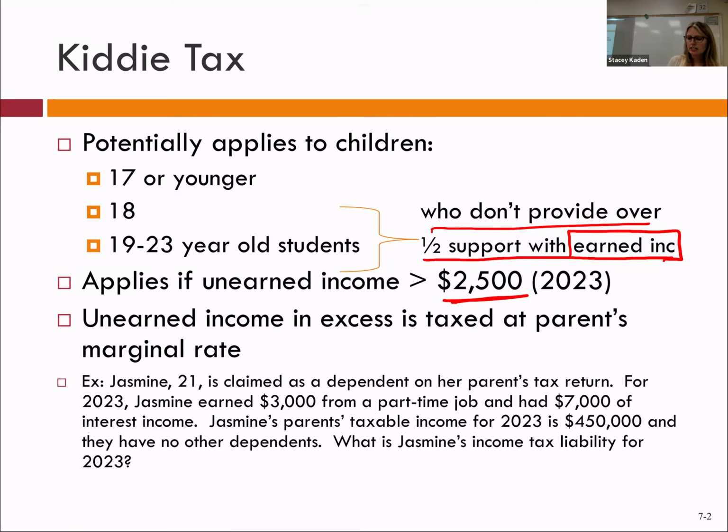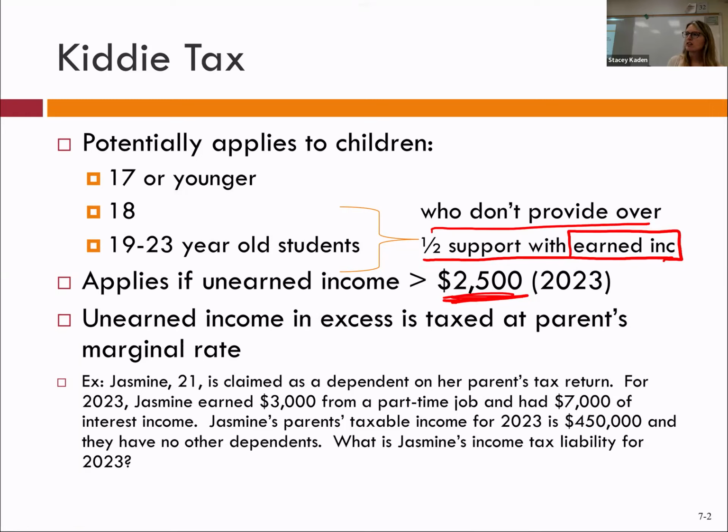You'll take unearned income minus 1250, minus the greater of 1250 or itemized deductions that are allowed. I will tell you, we will never have itemized deductions related to it in this class. So that is unearned income minus 1250 minus 1250. When you add 1250 and 1250 together, you get 2,500. Okay, so that's where the 2,500 comes from.